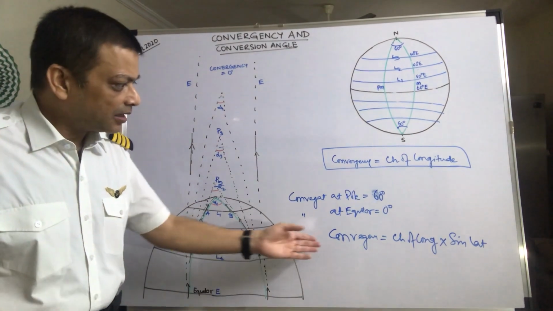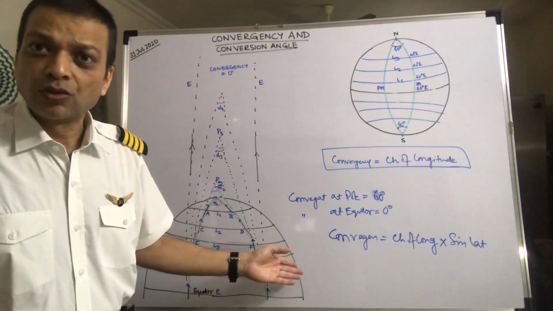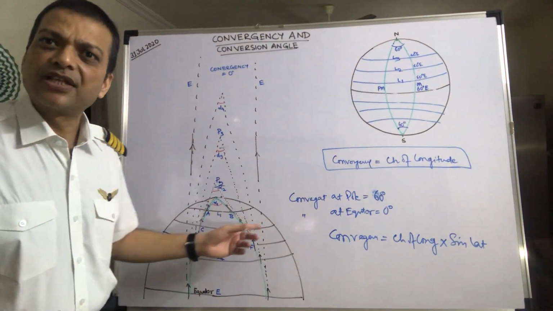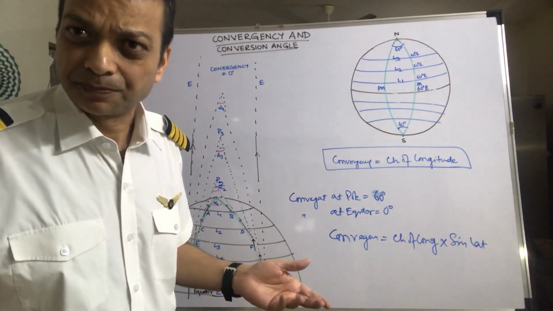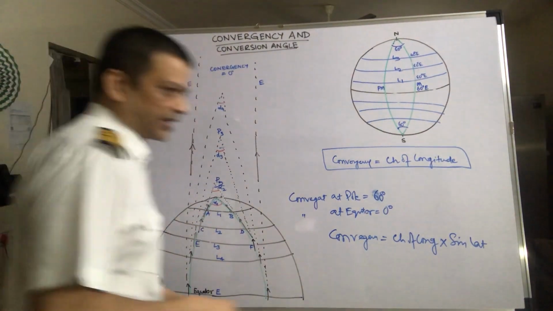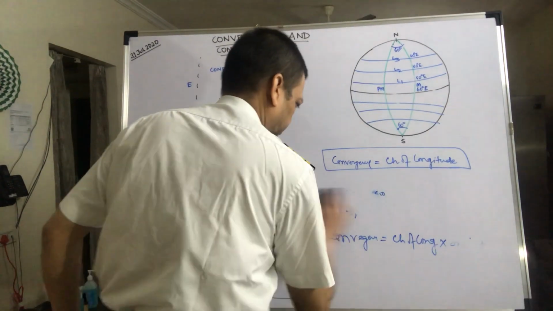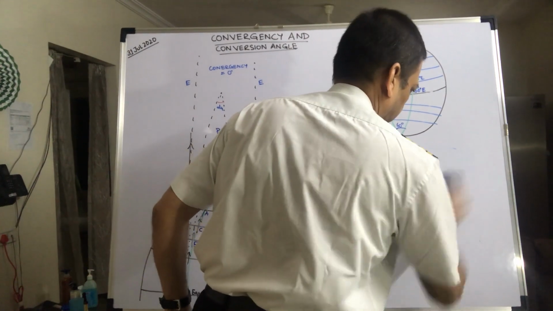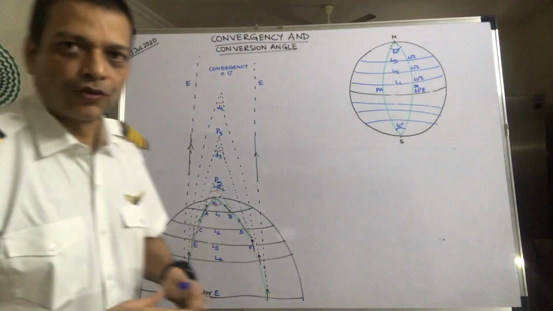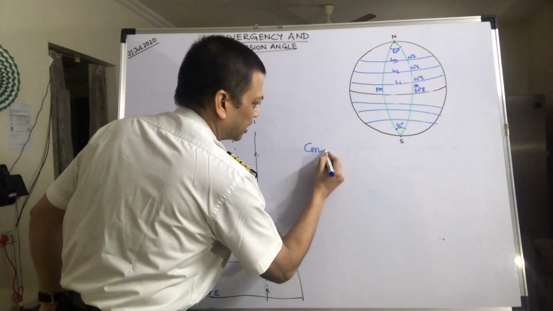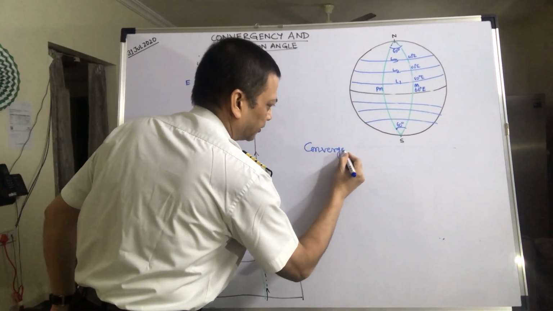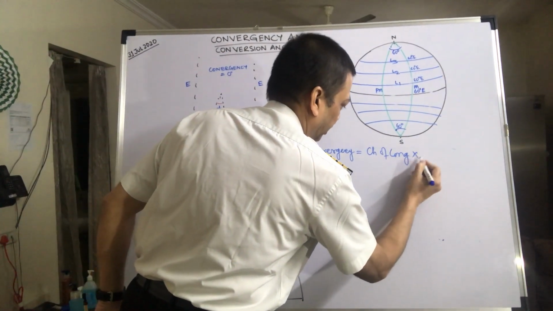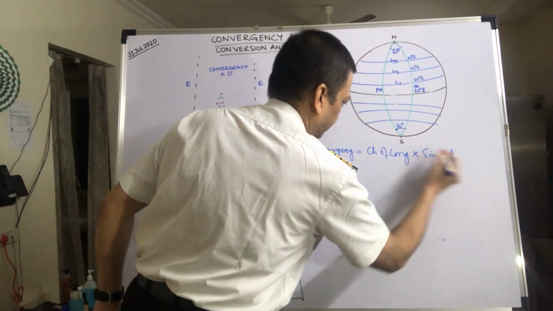So therefore, again, my formula has to be generalized to give you more generalized form if we are flying from one place to another, cutting 2 to 3 latitudes. So let us say in that scenario, so therefore now my equation is convergency is equal to change of longitude into sine of latitude.